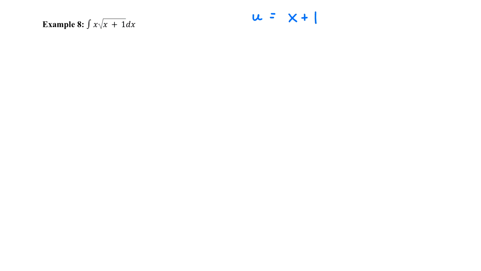Once you've got u, we can immediately find du. Du is just the derivative of u, so that's the derivative of x plus 1, which is just 1 times dx. Or simplified further, du is equal to dx.